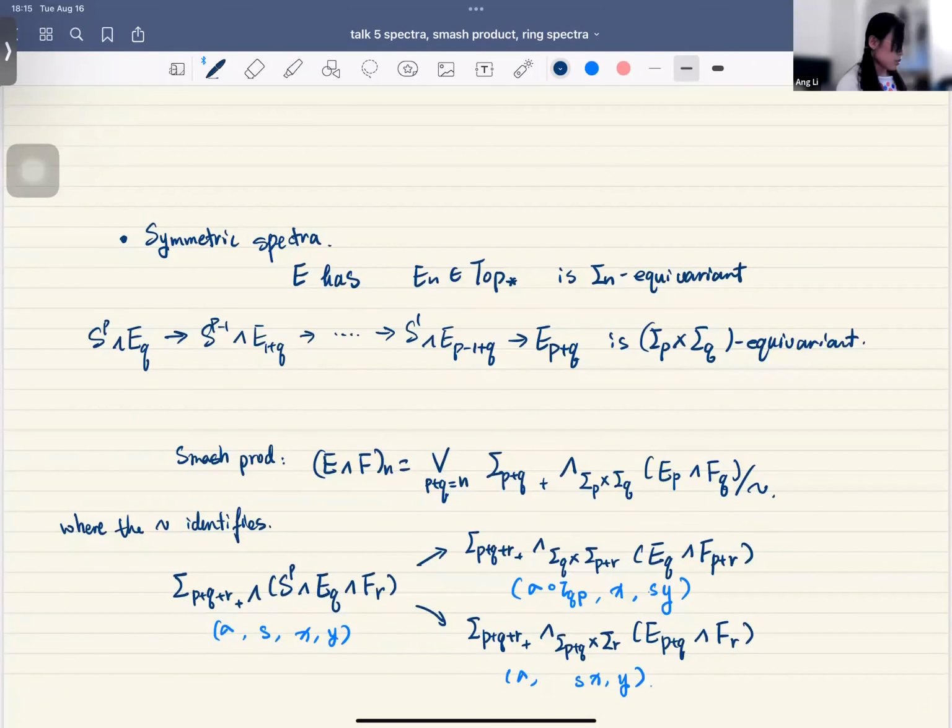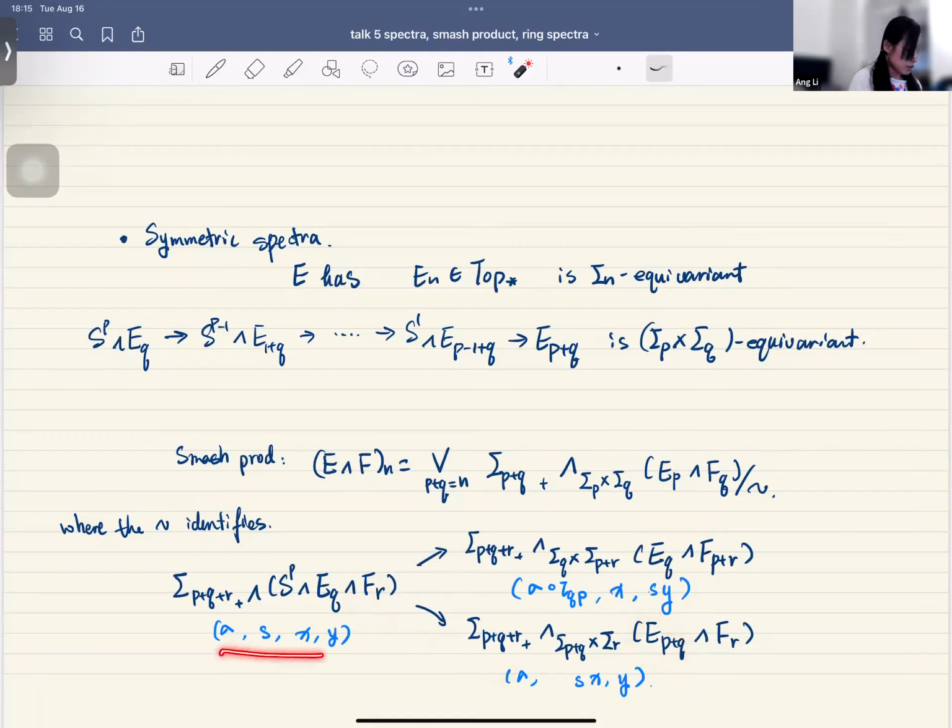So you want to wedge all the copies of P, Q that add up to n. It's kind of adding the diagonal line of one grading. And then you also want to identify: here you have the P copy of the sphere, and you can either smash it into the F component, or you can smash it into the E component, and you want to identify them.